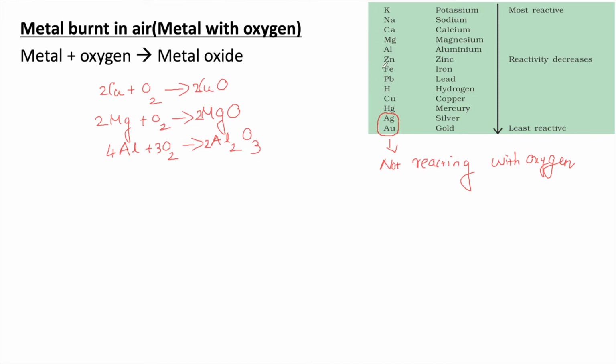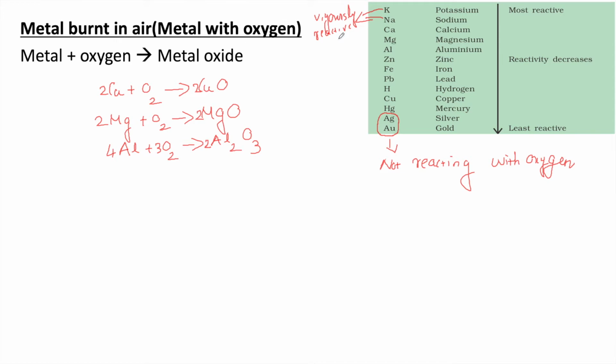Now we can discuss the rate of the reaction, how it is different for different metals. Sodium and potassium are the most reactive, so of course they react vigorously with oxygen. They will catch fire when reacting with oxygen.